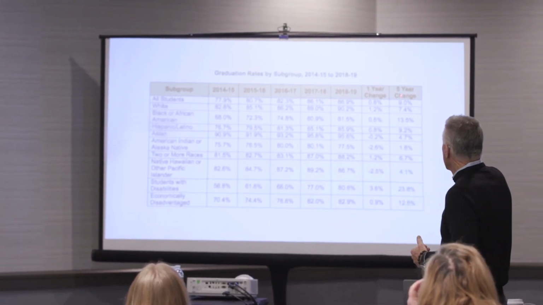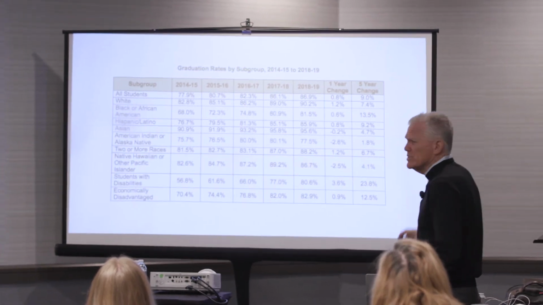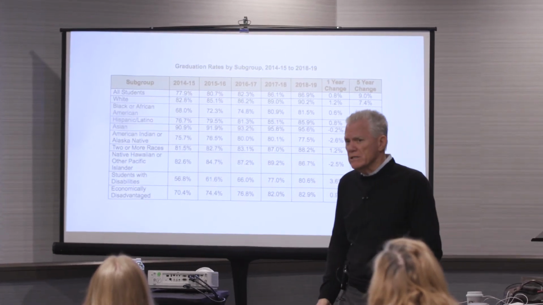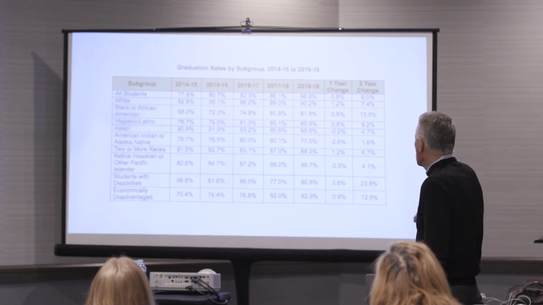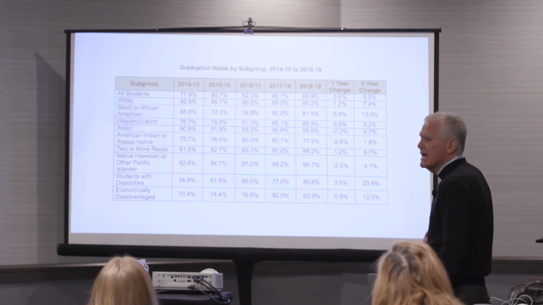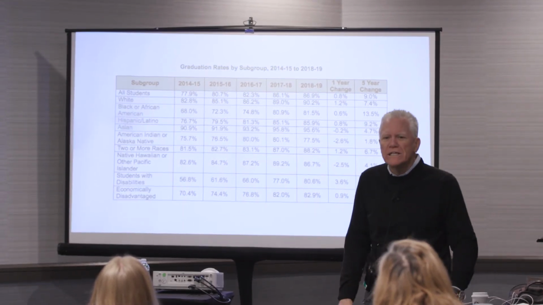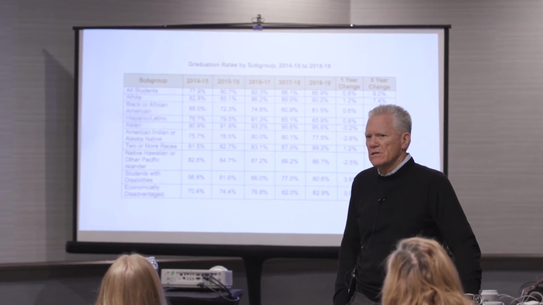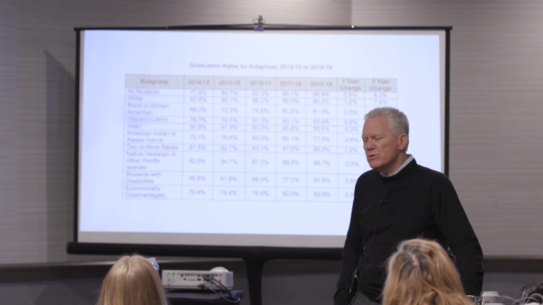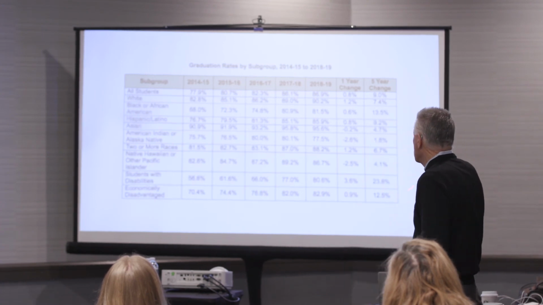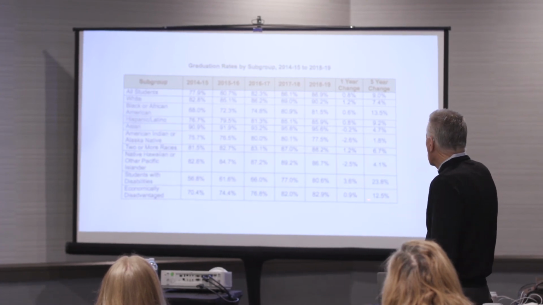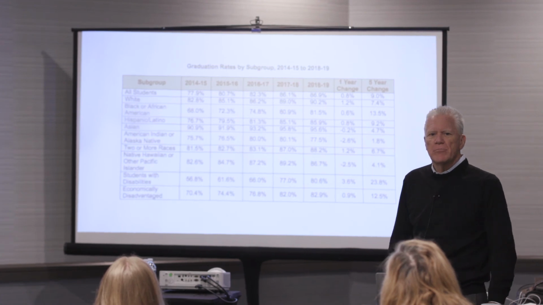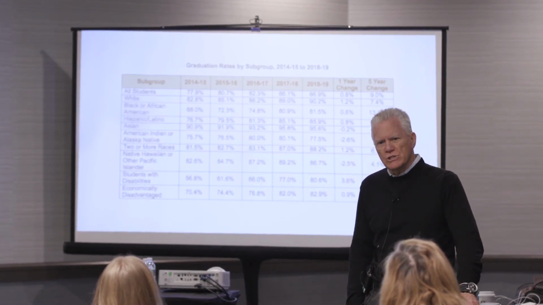And they improve graduation rate by more than 50% over all students. Take a look at students with disabilities, increased by almost 24% in the last 5 years. Almost 24%. That rate is huge. And look at kids who are economically disadvantaged, improved by almost 13%.